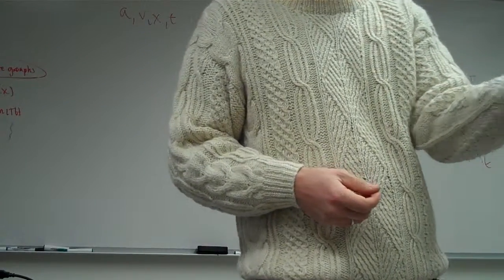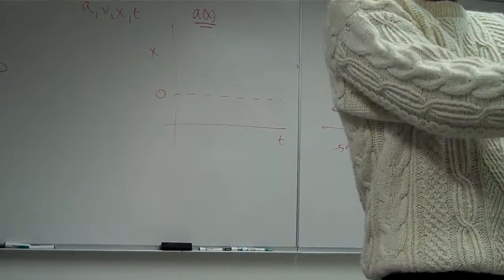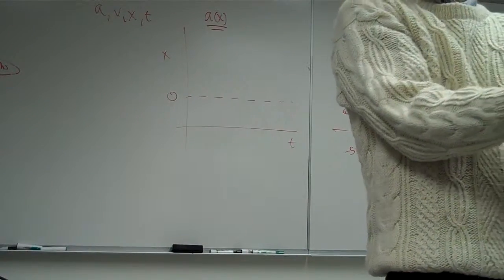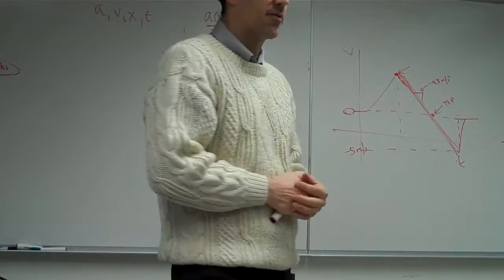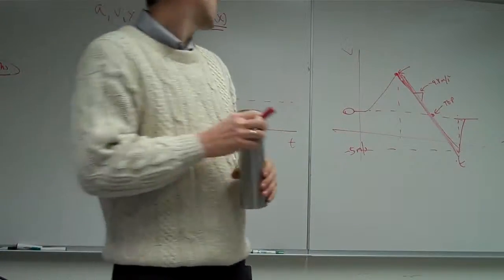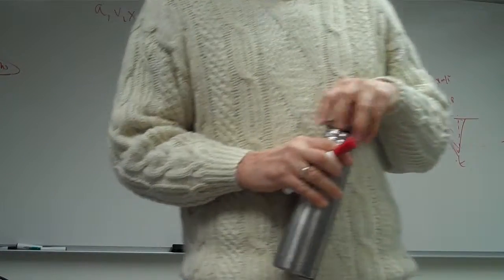So first, this right here is position 0. This is the positive direction. Anything lower than that would be a negative position. See if you can make a graph of position versus time that corresponds to this situation.